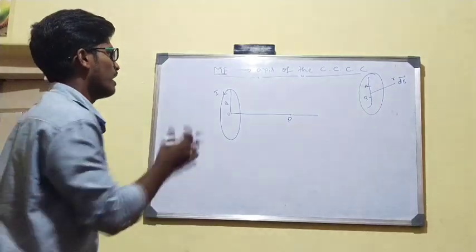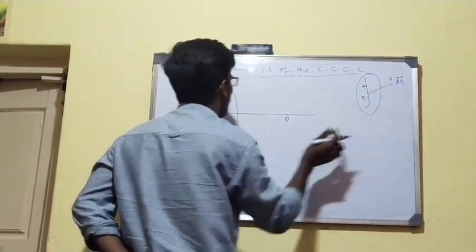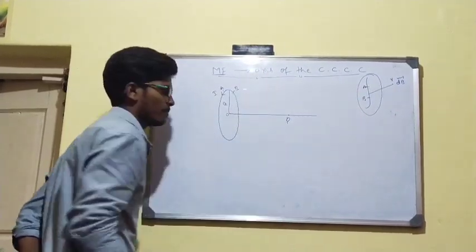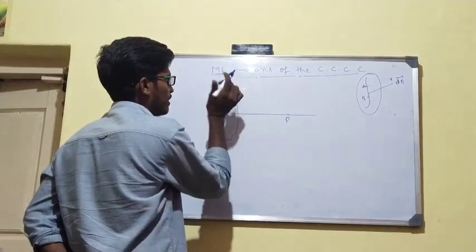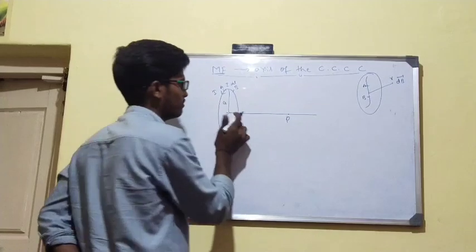What is the strategy? Similarly, as they consider a small current element, I am going to consider a small element in the circular loop, that is dl. I will name it AB. This is also a current element.